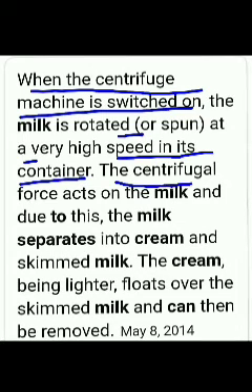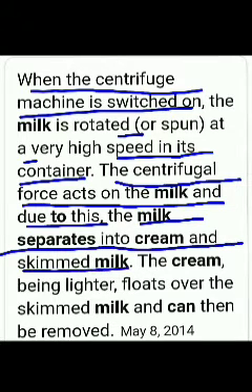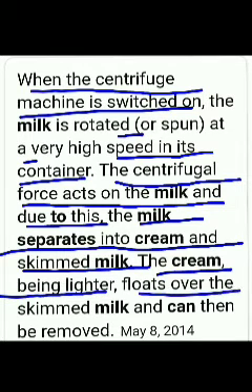The centrifugal force acts on the milk, and due to this, the milk separates into cream and skimmed milk. The cream, being lighter, floats over the skimmed milk and can then be removed. This is the centrifugation method.